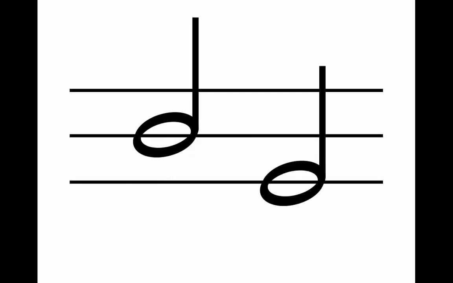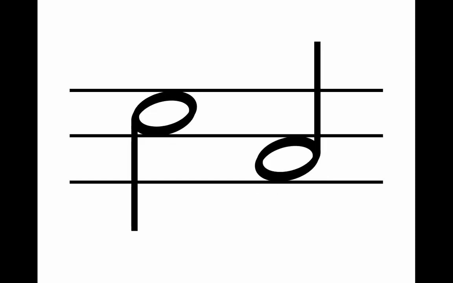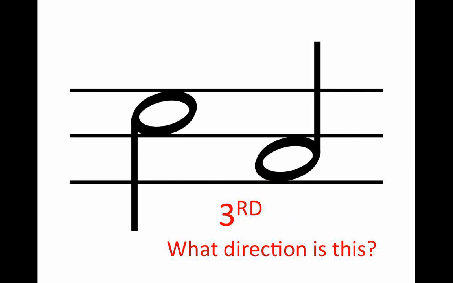Okay, now we have those notes that are not filled in, they're open, but this is still a line note to a line note, so still a third. Here we have space to a space, and this is a third. Now, what direction is this third going? Remember I said ignore the stems.